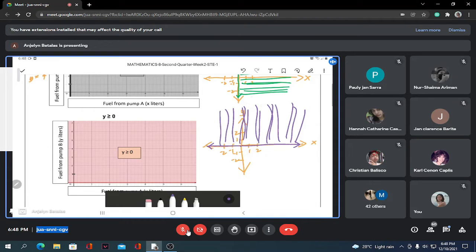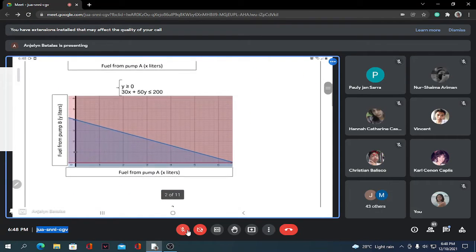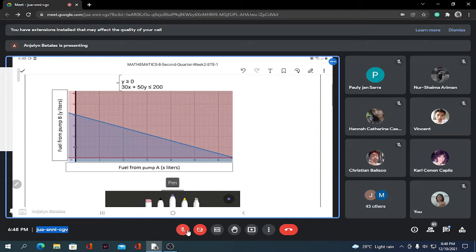So, kung atong i-combine, mana na siya result ka na. Kaya kung i-graph, nagbalik. Ito ay graph balik, no? Y, X, 1, 2, 3, 4, 5, 6, 7. 0, 4 man ito.